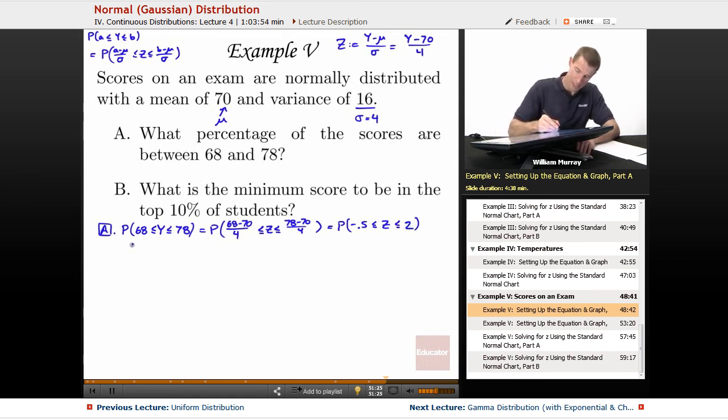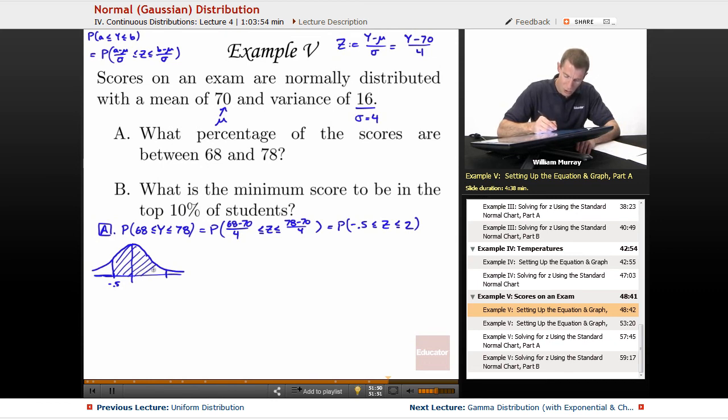Okay. Let me draw a little graph to show how I plan to calculate that, because that'll be a little bit complicated. I'm going to need some halves somewhere. I can just feel those halves coming up. All right, I want to go from negative 0.5 to 2. So I want this area right here.